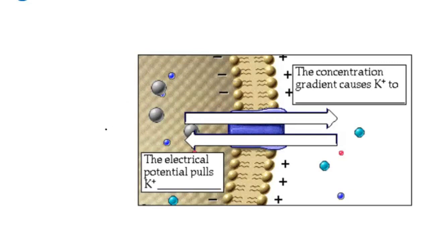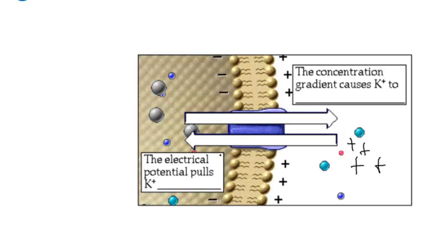Now since opposite charges attract each other, the developing electrical potential begins to pull potassium back inside the cell. Because you know, the potassium gradient is now very high outside and very low inside. So again, based on the same rule, potassium will tend to flow inside the cell and this process will continue to go, right?